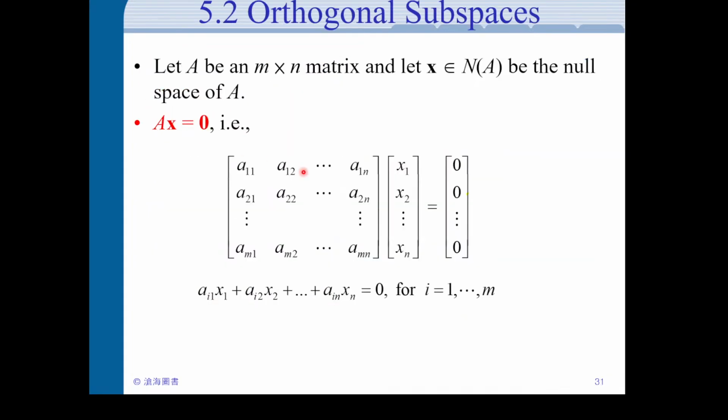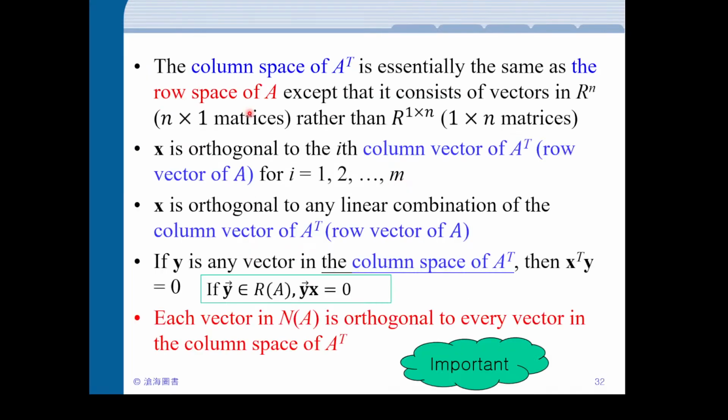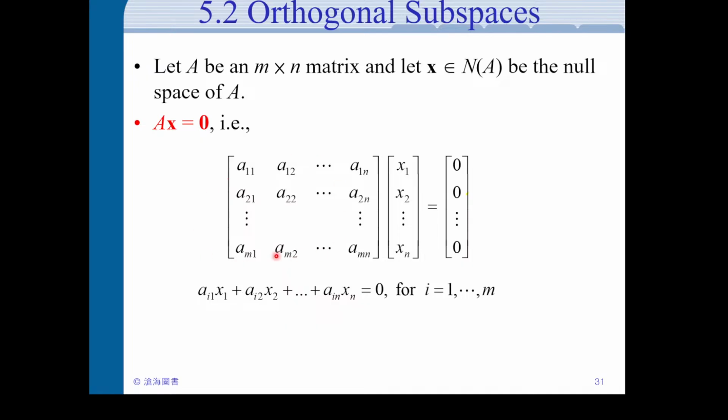We have been saying a row vector is orthogonal to the column vector, but technically they are in different spaces. Row vectors are not even in Rn, because they are 1 by n matrices instead of n by 1 matrices. So you need to say the transpose of a row vector is orthogonal to the column vector.